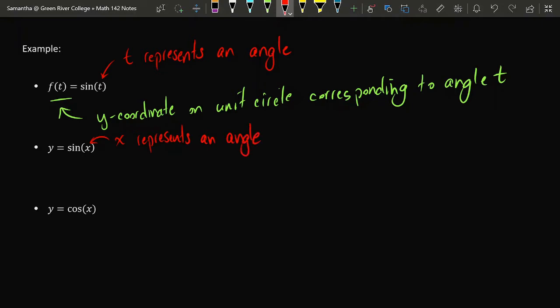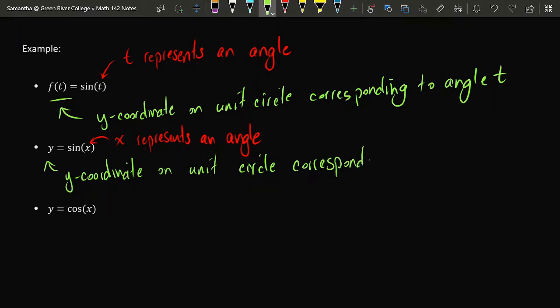And the y, which is coming out of sine, would represent the y-coordinate on the unit circle, which corresponds to an angle which is equal to the input x.